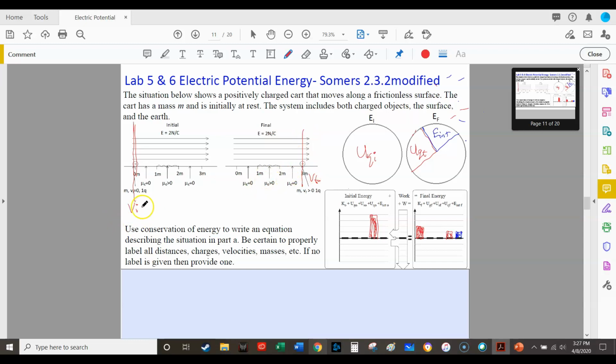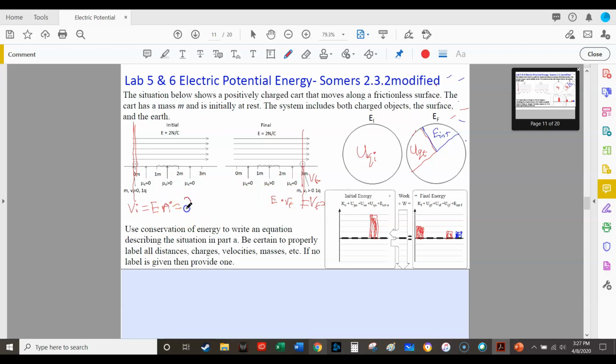Well, earlier we said the initial voltage, if we're in an electric field, is the electric field times its initial position. And over here, the final voltage is going to be the electric field times its final position.